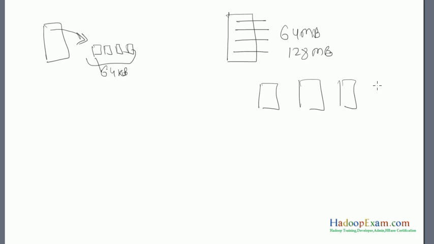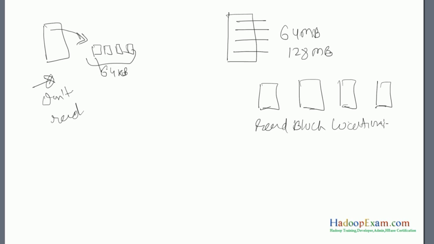These blocks are written to your data nodes. The only difference is that in a conventional file system you don't read the block locations because you don't need them. Here some frameworks require reading block locations, so reading block locations is required in HDFS.